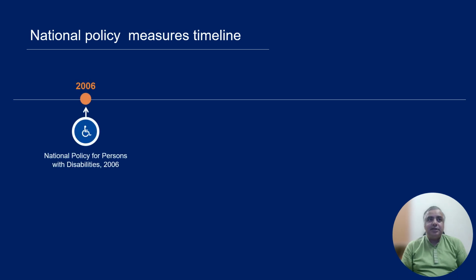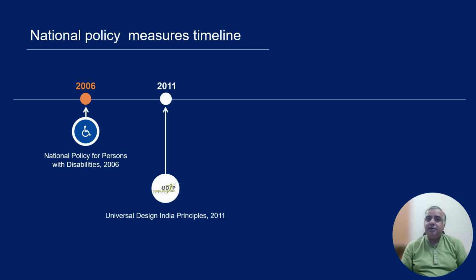In 2006, India saw the national policy for persons with disabilities. 2011, the Universal Design India principles were enshrined.